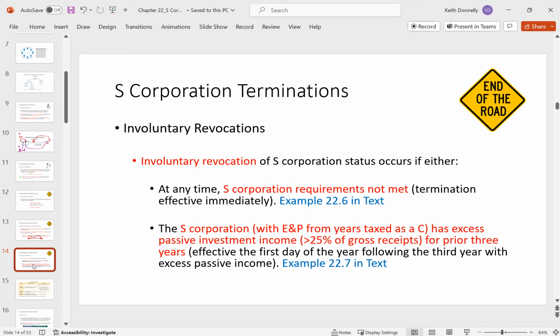And the effective date on this one is the first day of the year following the 3rd year with the excess passive income. That's a mouthful for just saying, hey, we have year 1, year 2, year 3. We have so much passive investment income for our S Corp. Effective as of 1/1 of year 4, our S Corp status has been involuntarily terminated.